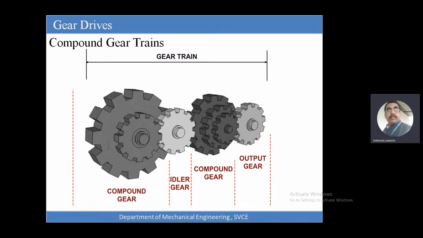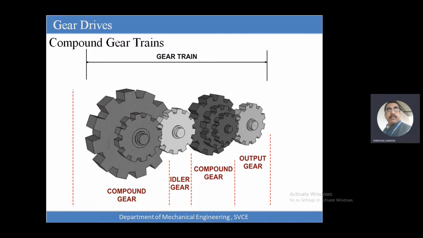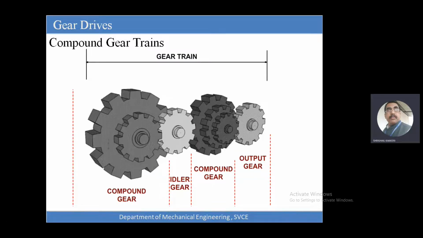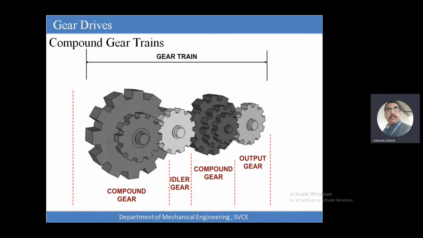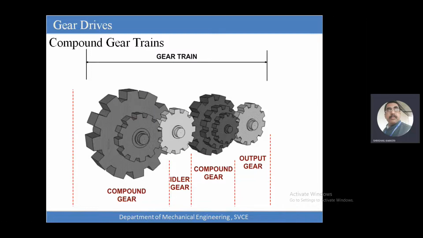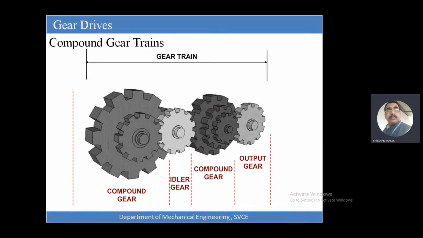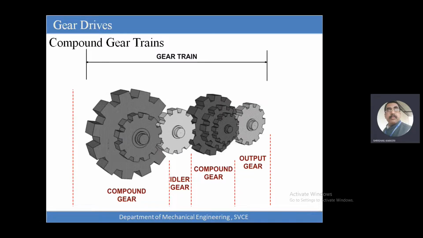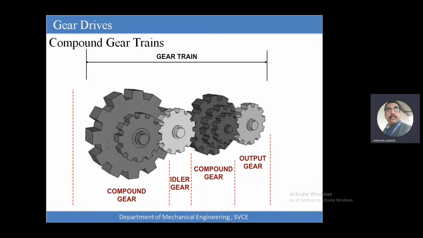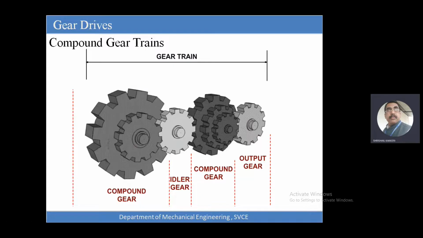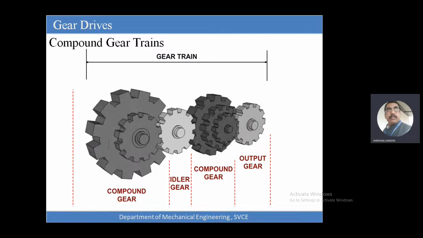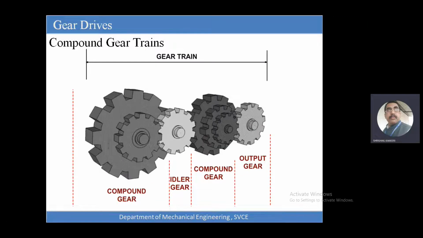The velocity ratio is represented by i. That will be equal to the velocity of the output gear to the velocity of the input gear, or in other words, the velocity of the driven gear to the velocity of the driver gear. This ratio is called the velocity ratio of the gear train system, and it remains constant for a particular gear system.